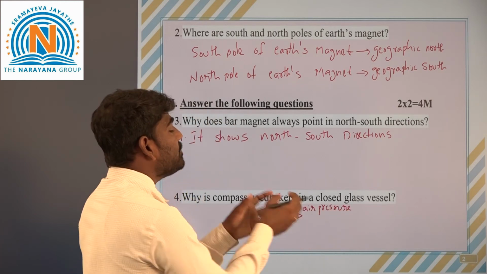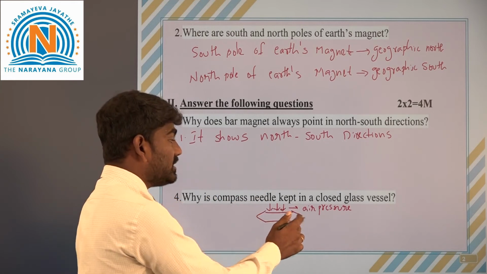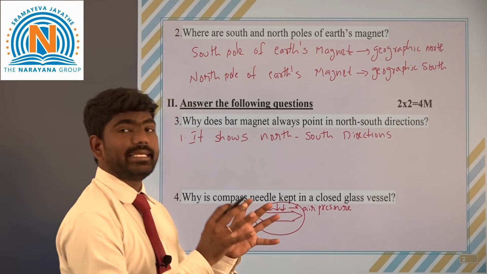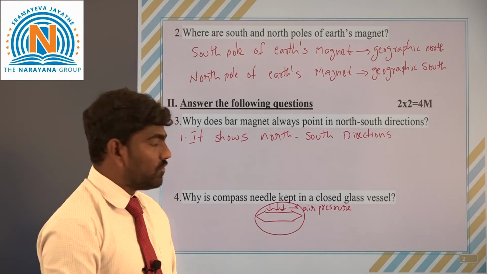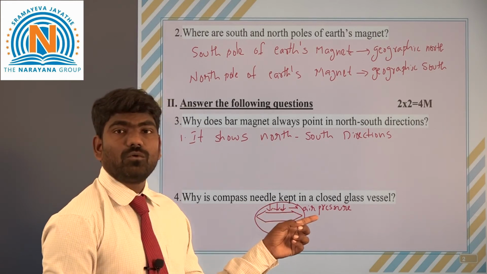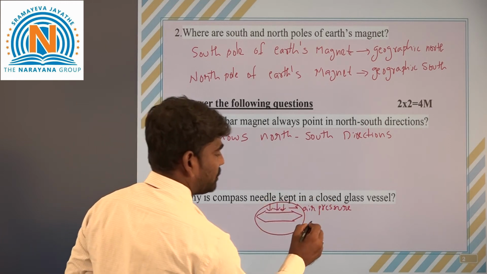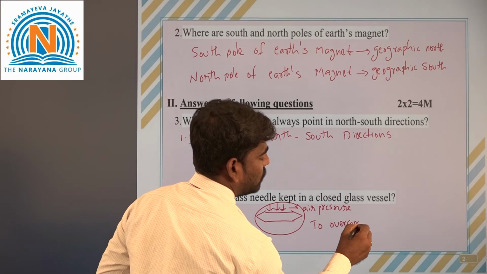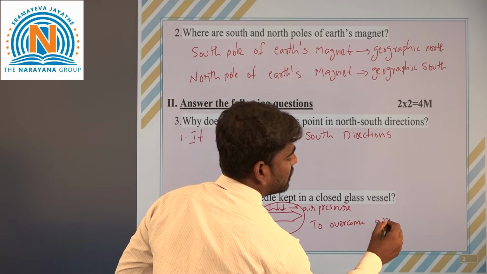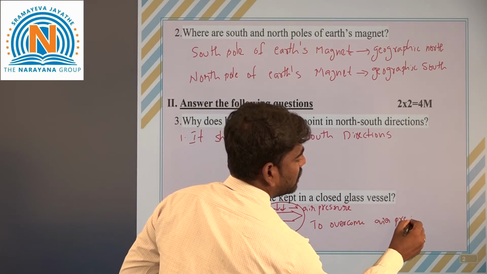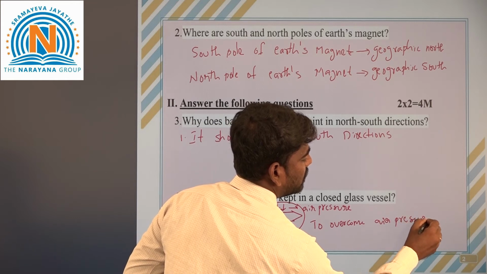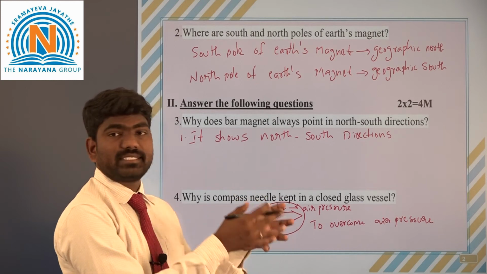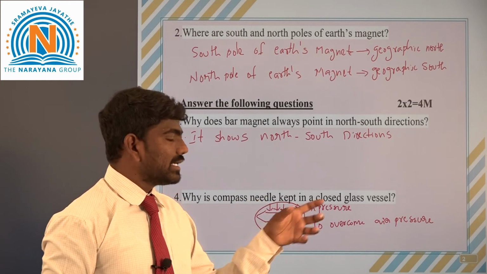So to overcome this air pressure, we have to place this magnetic needle in a closed compass. To overcome air pressure, we have to place this compass needle in a closed glass vessel.